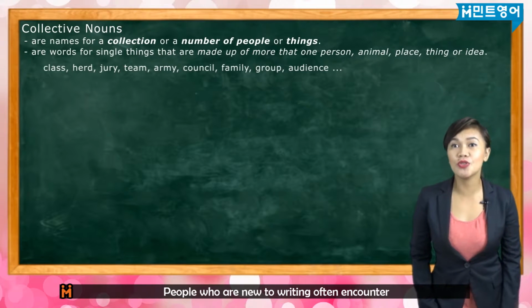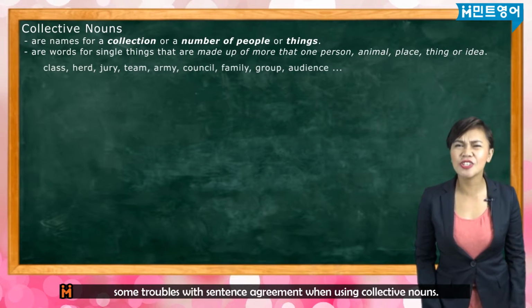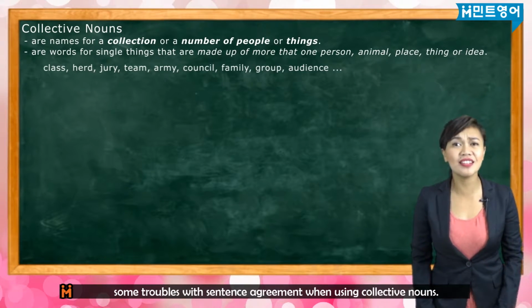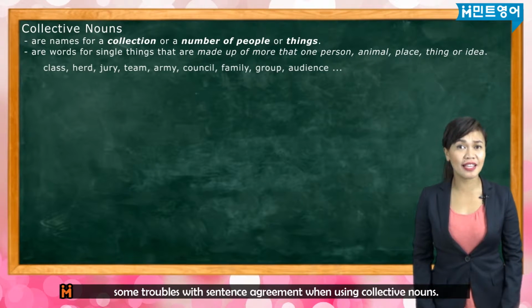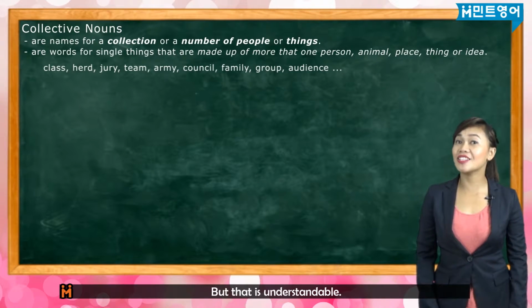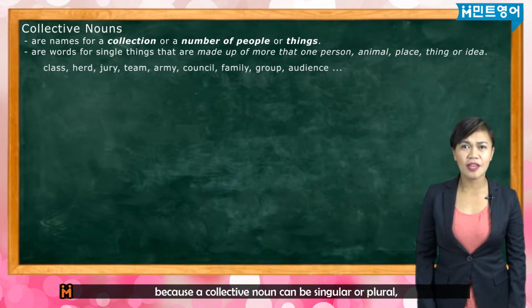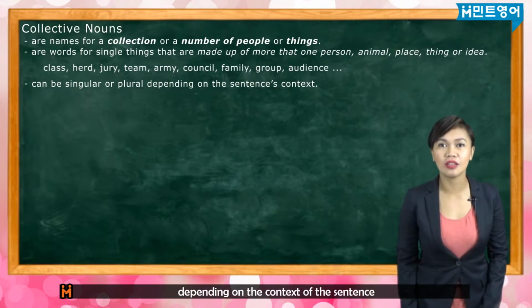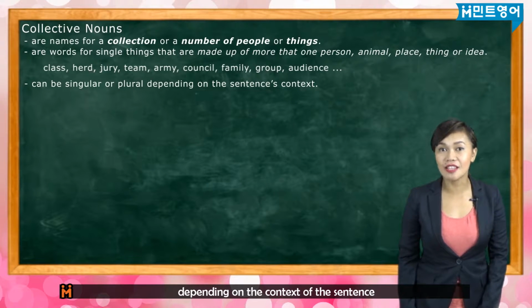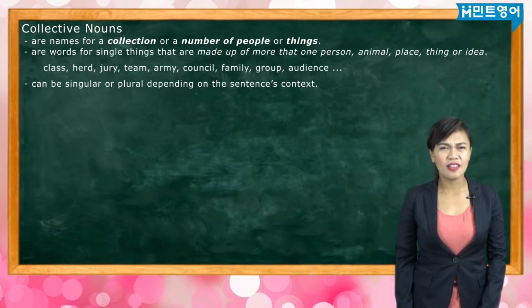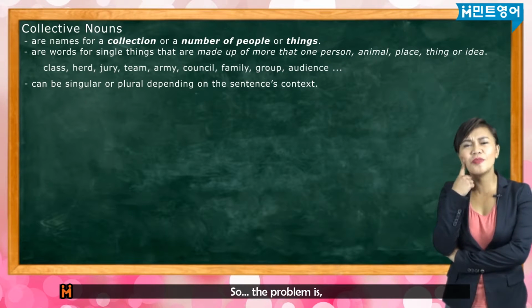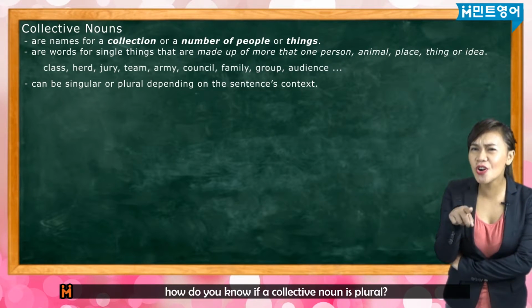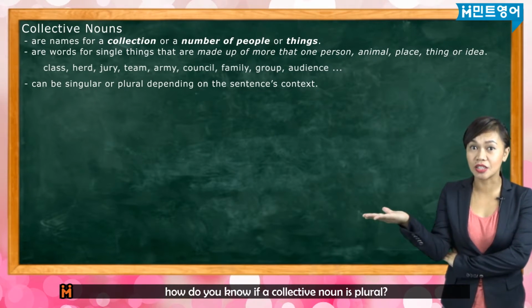People who are new to writing often encounter some troubles with sentence agreements when using collective nouns. But that is totally understandable because a collective noun can be singular or plural depending on the context of the sentence. So, the problem is, how do you know if a collective noun is plural?